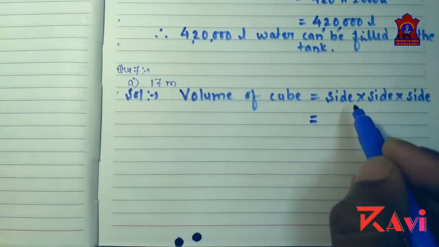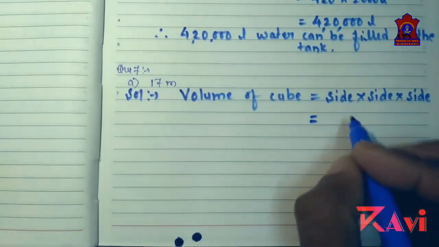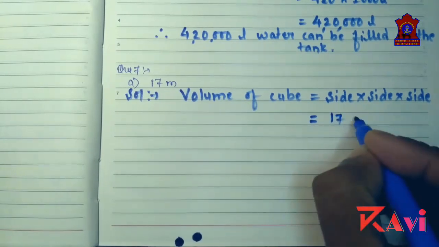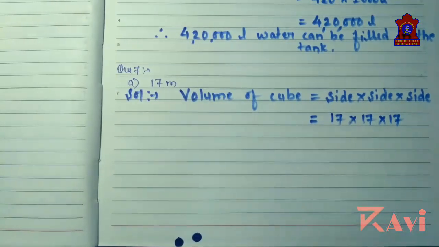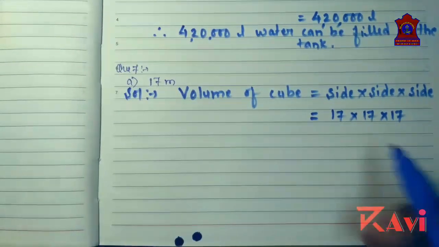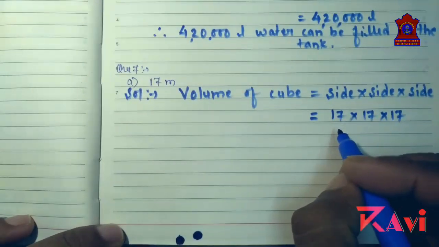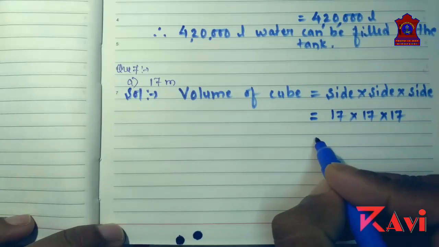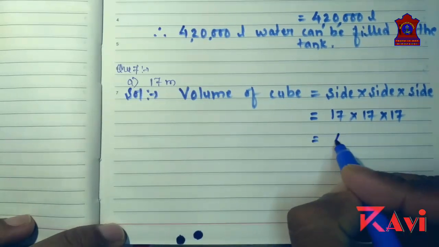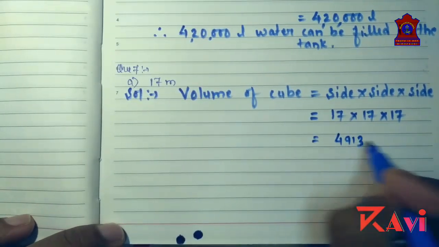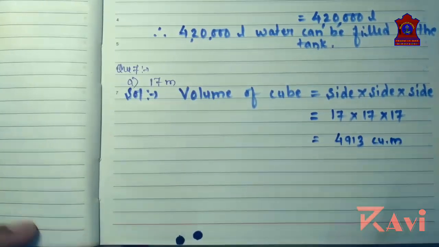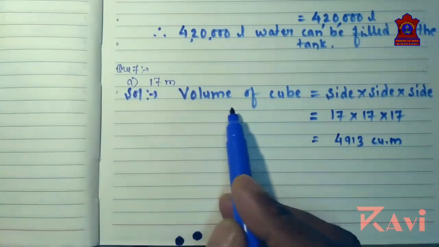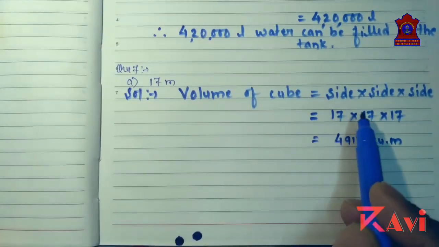So here we have written side into side into side. Side is given as 17 into 17 into 17. Clear? Now multiply this and write the answer. After multiplying 17 into 17 into 17, we are getting the answer as 4913 cubic meter. So like this, you have to use the formula of volume of cube and find out your answer.